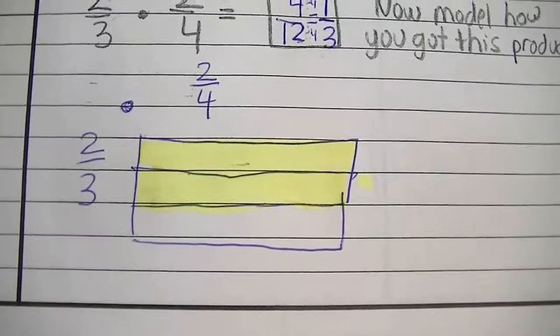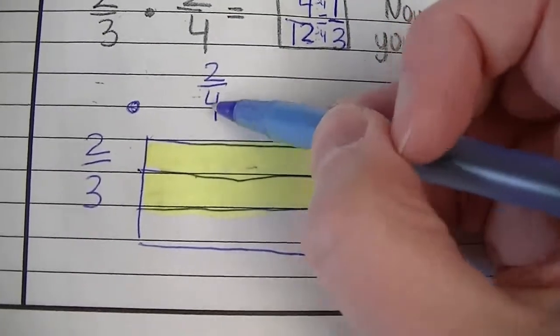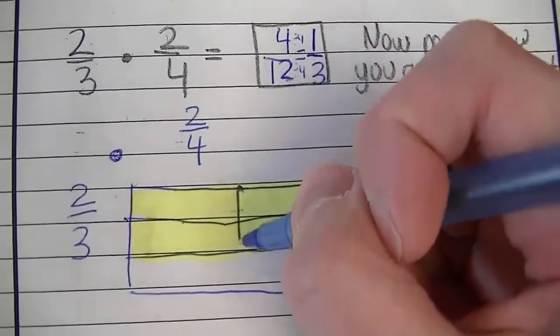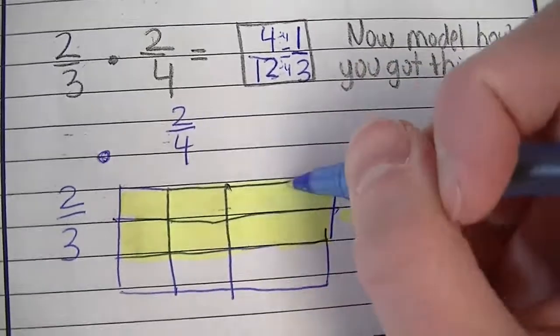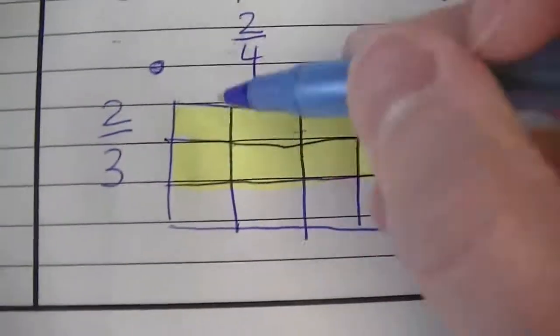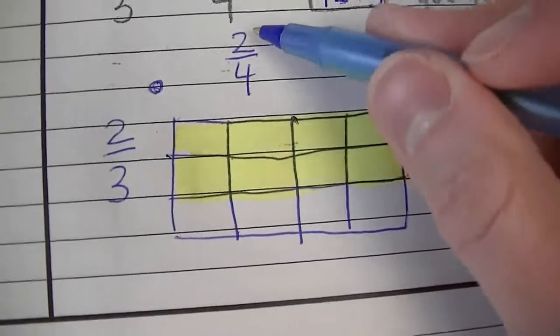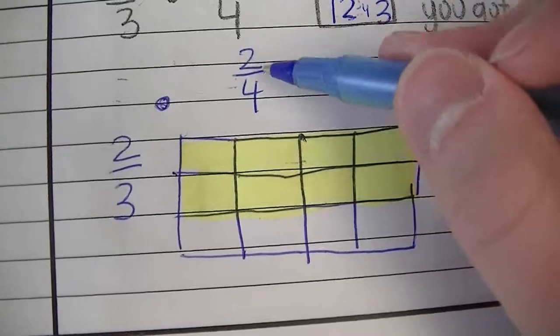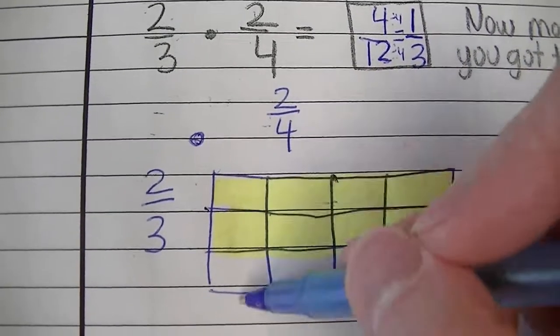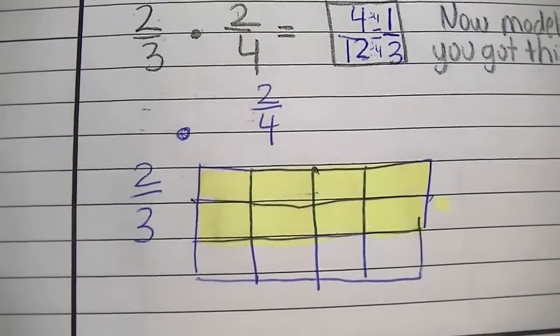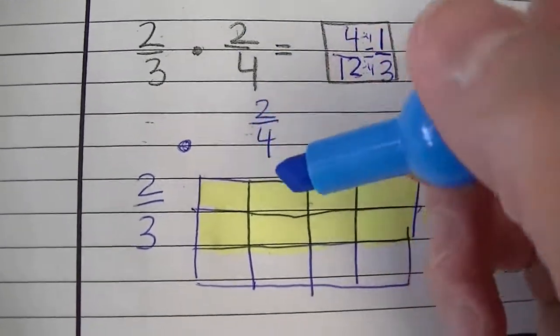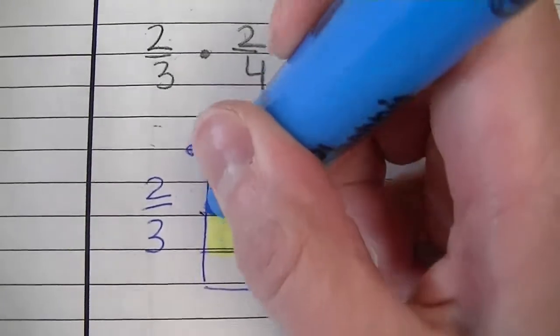Okay, now I'm going to put in columns, and I want to put in 4 columns. Okay, so ignoring that yellow and just focusing on the columns, I want to represent 2/4 of that, okay? So there's 1, 2, 3, 4 columns. I need to shade in 2 of those 4 columns to represent 2/4.